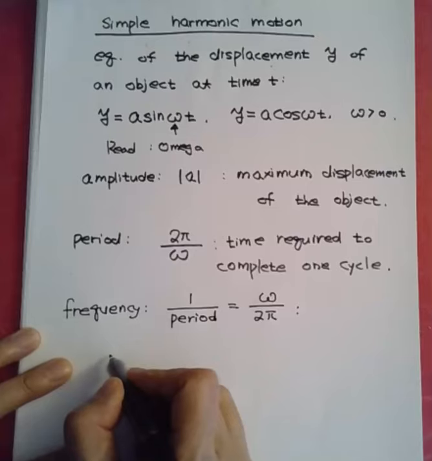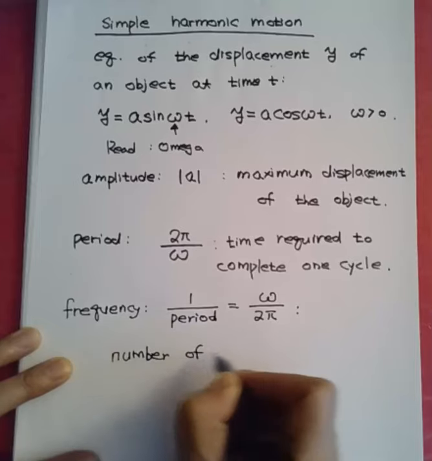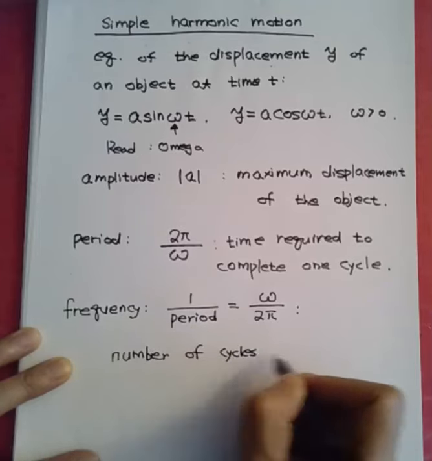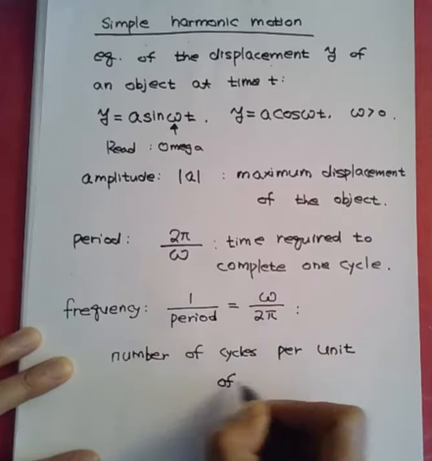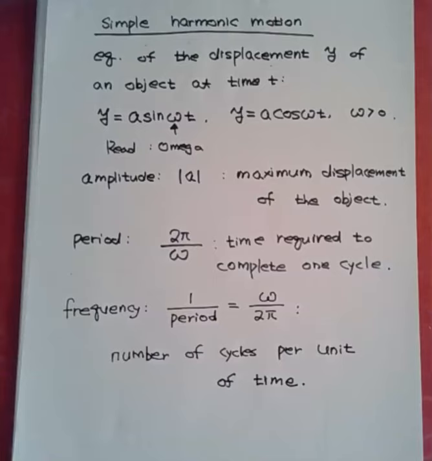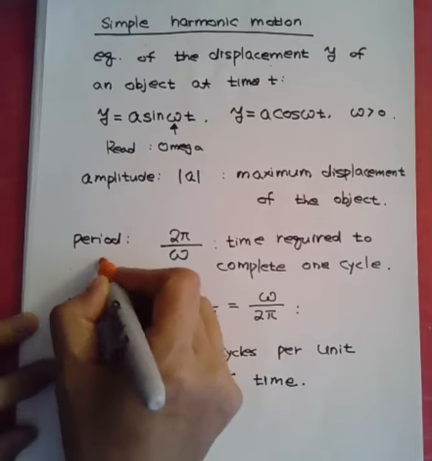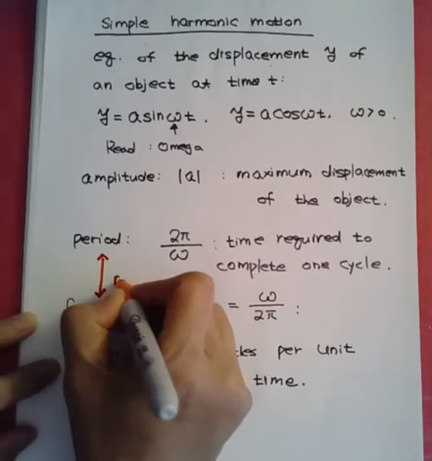This time, the meaning of frequency becomes the number of cycles per unit of time. So how many times it oscillates in a unit of time is the frequency. All you have to remember here is that the relationship between frequency and period is reciprocal.